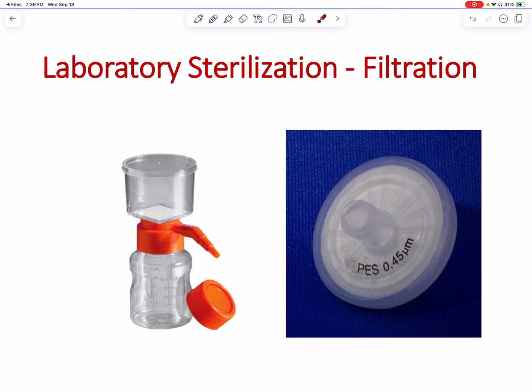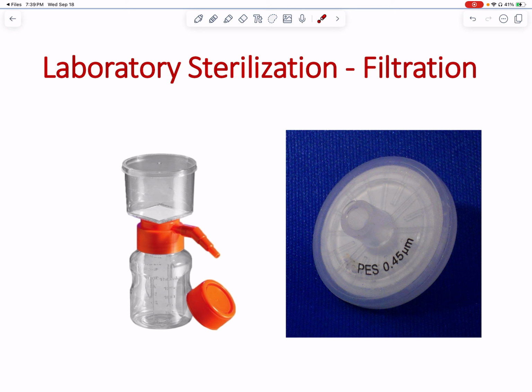If we filter those liquids and we use a filter that is small enough, so right here we have 0.45 microns, and if we remember, the size limitation for microorganisms is anything below 100 microns, this is going to be a pretty effective filter. It might not filter out all the virus particles, and actually that's how viruses were discovered.